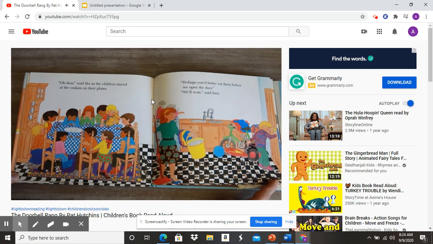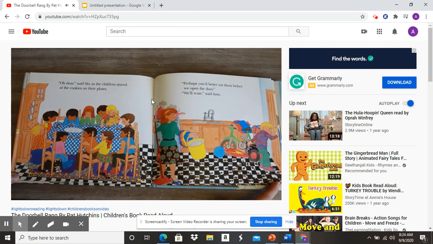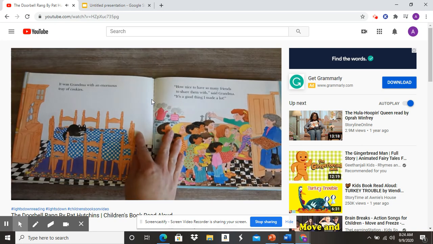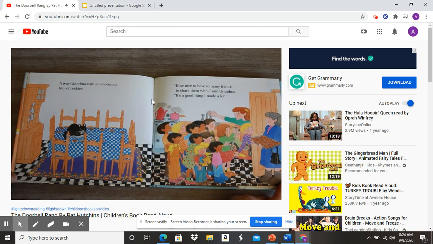Oh dear, said Ma as the children stared at all the cookies on their plates. Perhaps you better eat them before we open the door. We'll wait, said Sam. It was Grandma with an enormous tray of cookies. How nice to have so many friends to share them with, said Grandma. It's a good thing I made a lot.